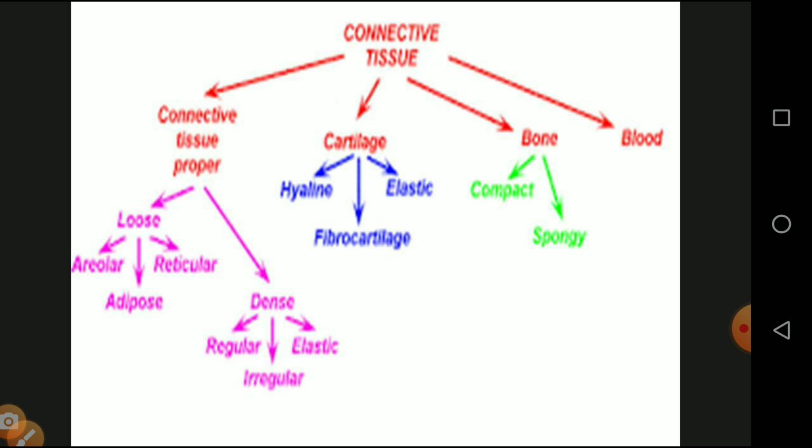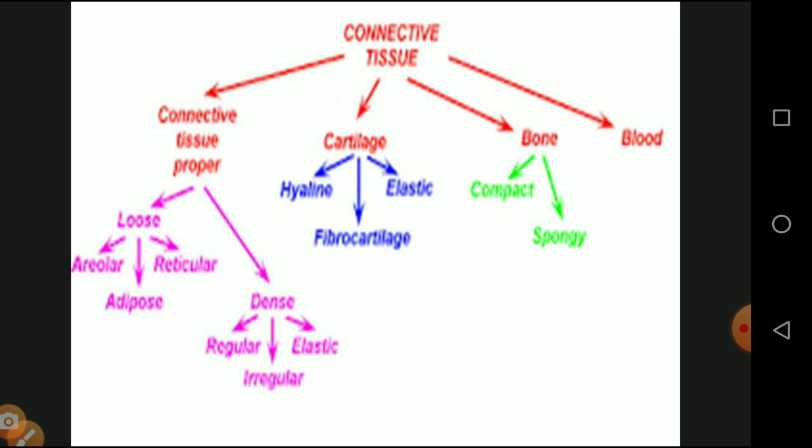Cartilage is hyaline, elastic and fibrocartilage. Bone is compact and spongy. Blood is another type of connective tissue, consisting of blood and lymph. Blood consists of red blood cells, white blood cells and blood platelets. This is a short summary of connective tissue.